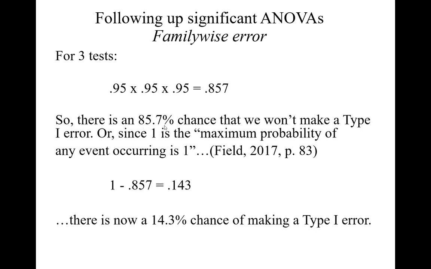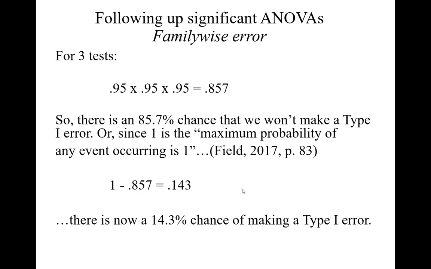Or, since the maximum probability of an event occurring is 1, we can take the inverse of that: 1 minus 0.857 equals 0.143.